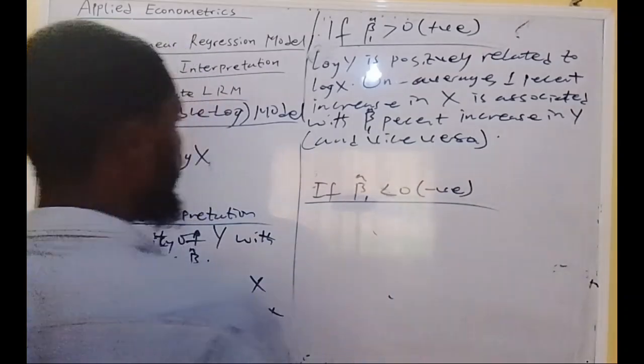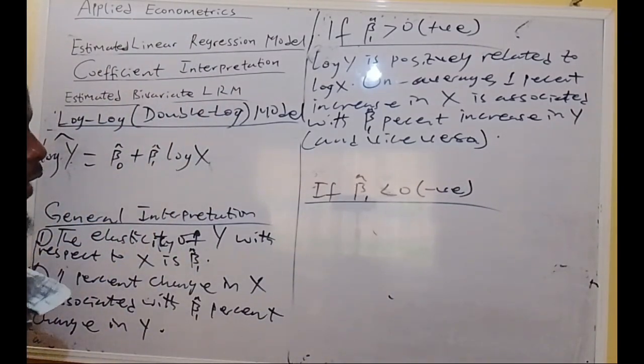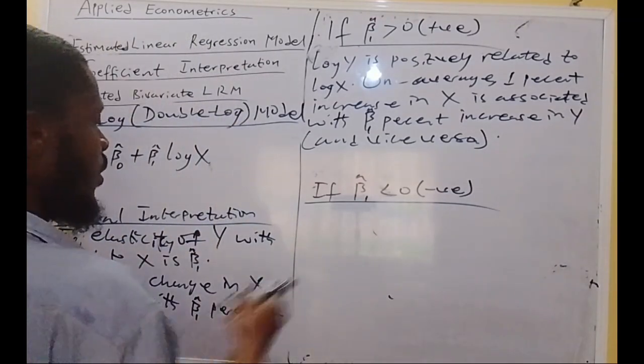Okay, so what if the slope, that is the coefficient, is negative? How do we interpret it?